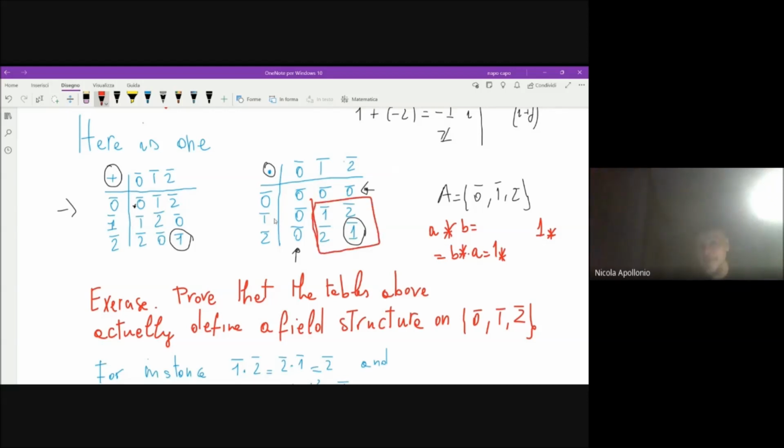So it is true, 1 times 1 is 1. The operation is commutative because, as you see, the commutativity can be seen from the symmetry of the table: here it is 1, here it is 1, here it is 2, here it is 2. It means that off-diagonal elements are symmetric with respect to the diagonal.